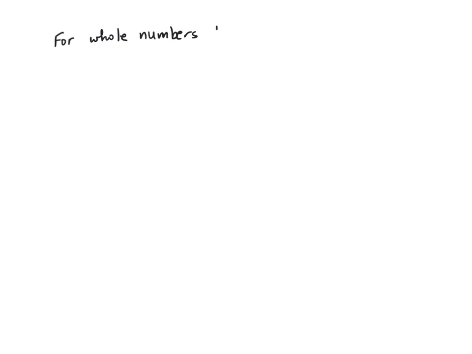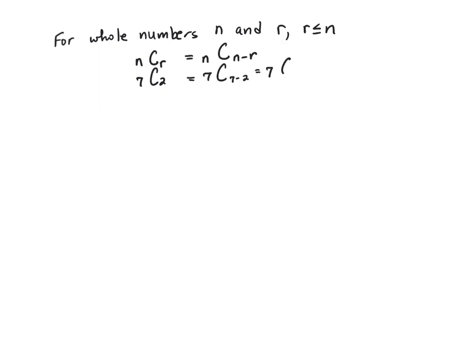For whole numbers n and r, where r is less than or equal to n, nCr is equal to nC(n minus r). Just like 7 choose 2 was equal to 7 choose 7 minus 2, or 7 choose 5.